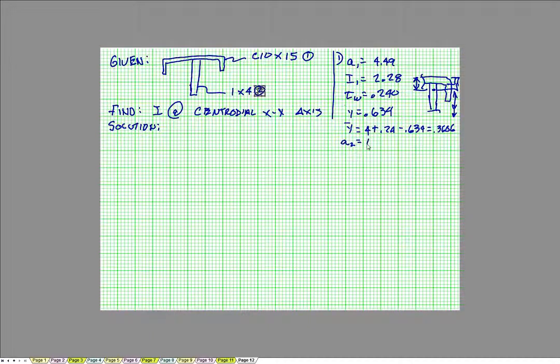Area 2 is 1 times 4. I2, I guess I don't need to worry about that right now. We'll come back to I2. But we do care about the height of that, where the centroid of that individual piece is, and that's half the height. So y2 equals 2.